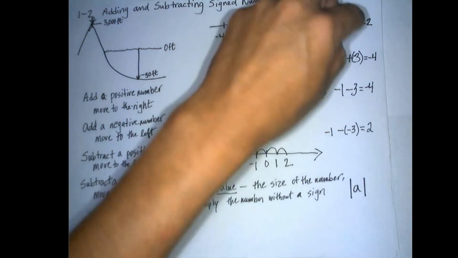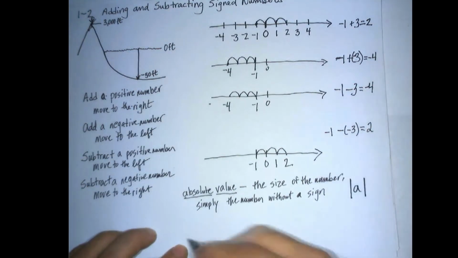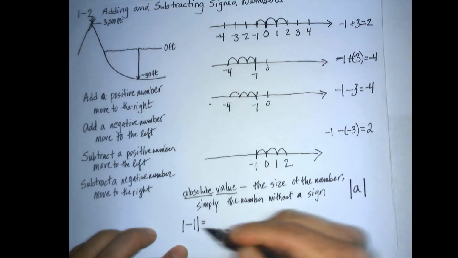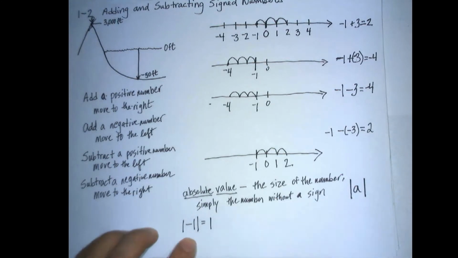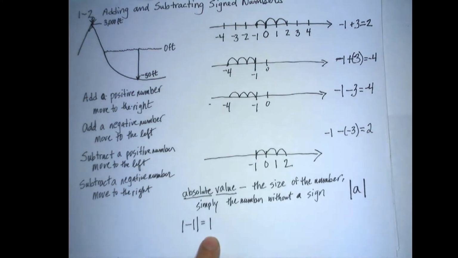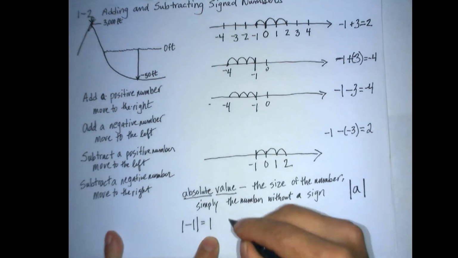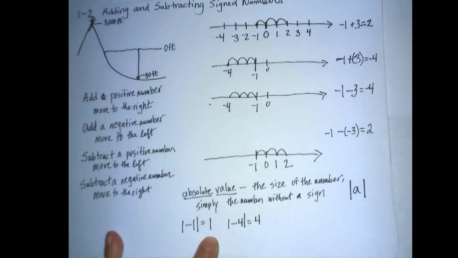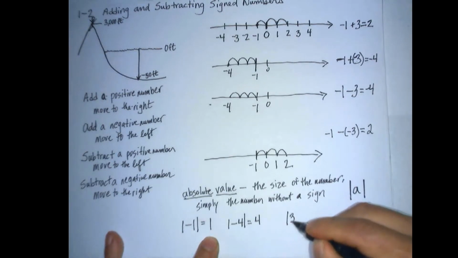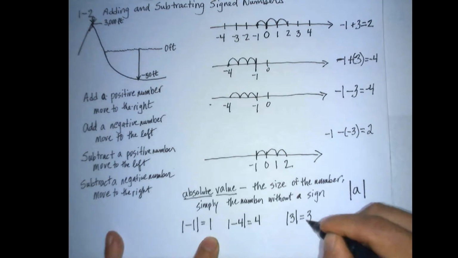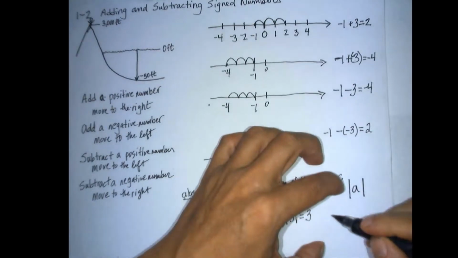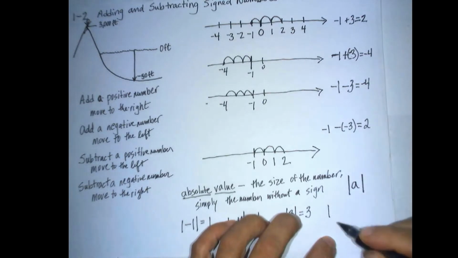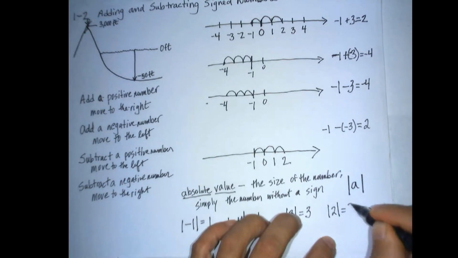So let's look at some of the absolute values of these numbers that we have up here. The absolute value of negative 1 is 1, because negative 1 without the sign is just 1. The absolute value of negative 4 is 4. The absolute value of 3 is 3. And the absolute value of 2 is 2.